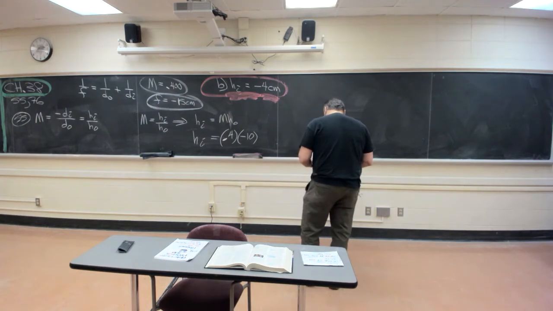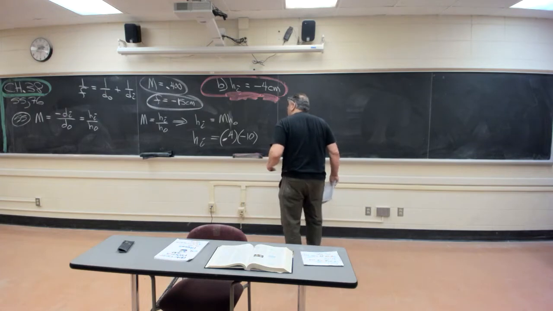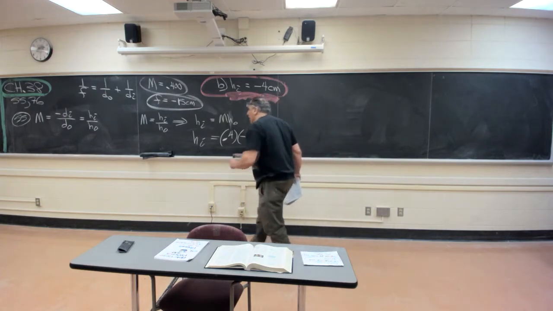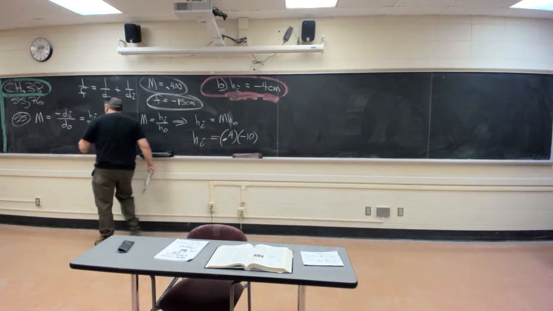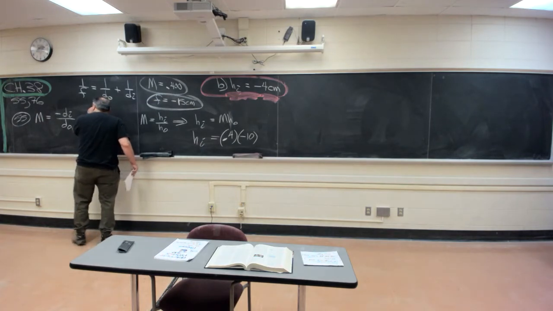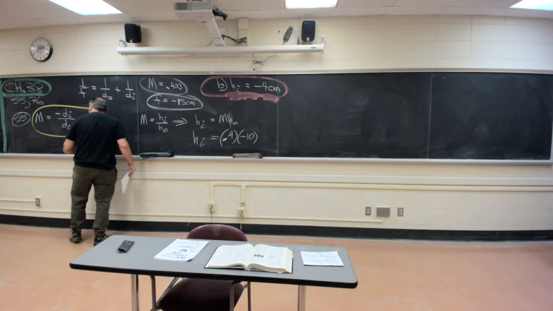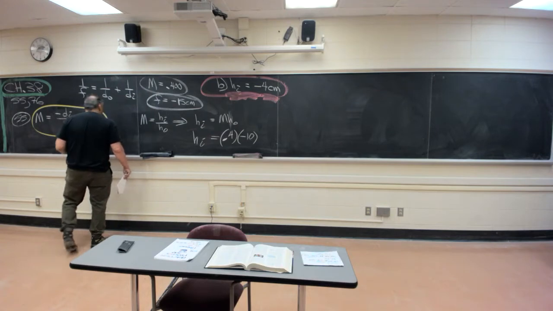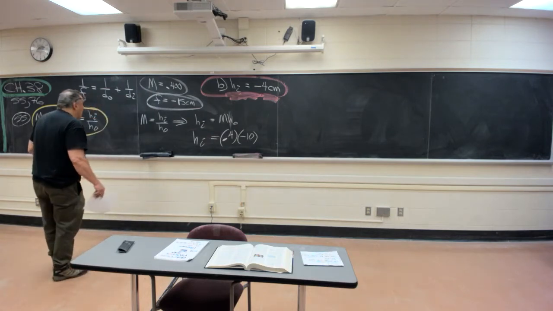So as we look at it, we got to talk some more. Where we can talk some more is right here. That's of interest because if you know the magnification, there's a lot you can say here.